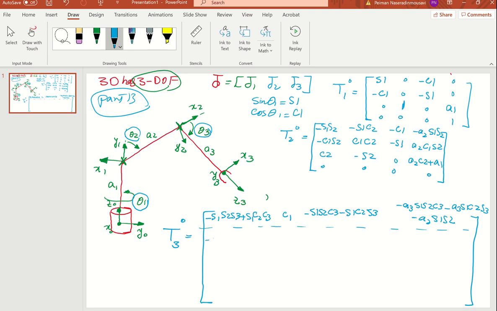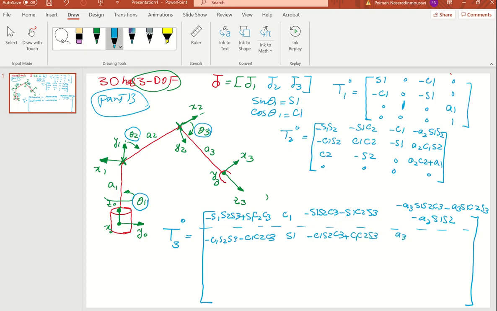Next line was minus cosine 1 sine 2 sine 3 minus cosine 1 cosine 2 cosine 3. Here was s1, so it's minus cosine 1 s2 cosine 3 plus cosine 1 cosine 2 s3.